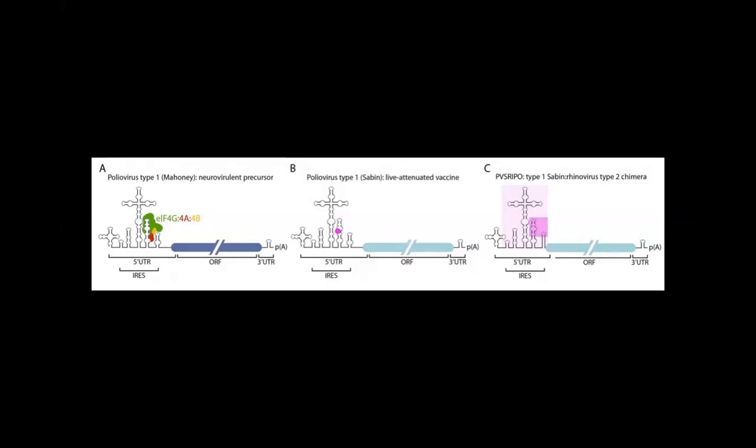Now, I'm going to go into the molecular reason why this modified version of the poliovirus is allowed to work on tumor cells, but it doesn't affect normal cells. Normal neuron cells will express CD155, but these tumors do overexpress CD155.